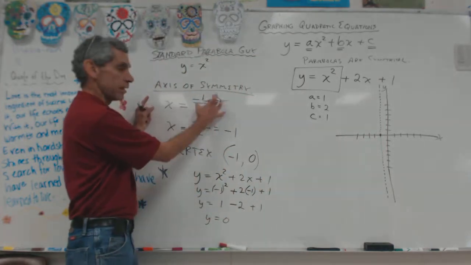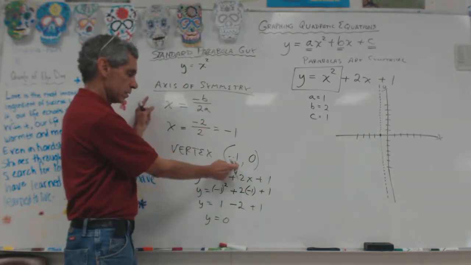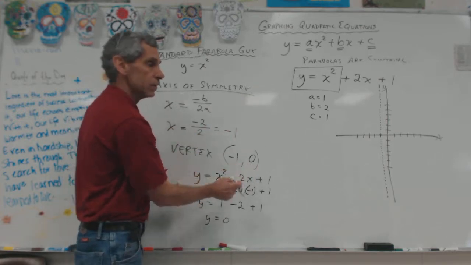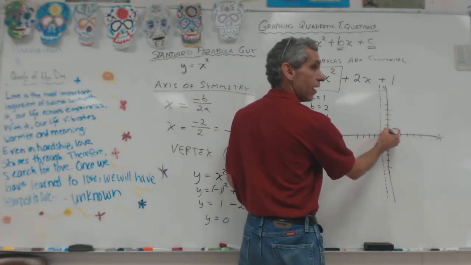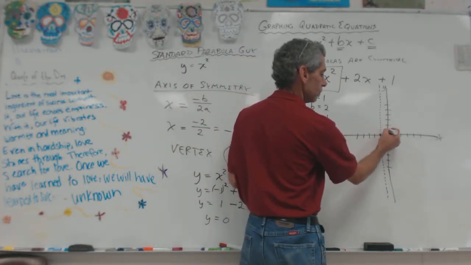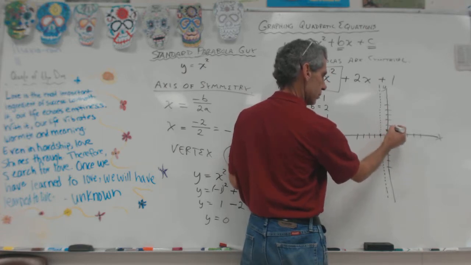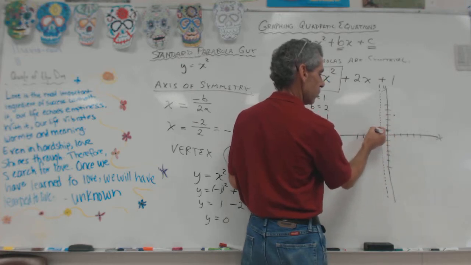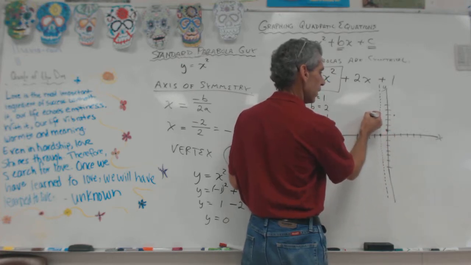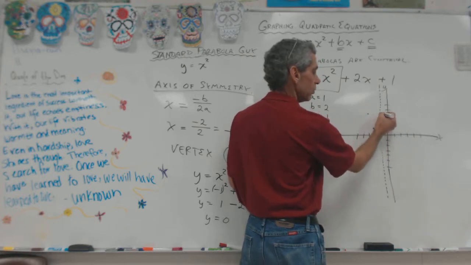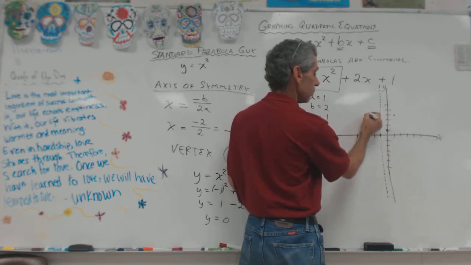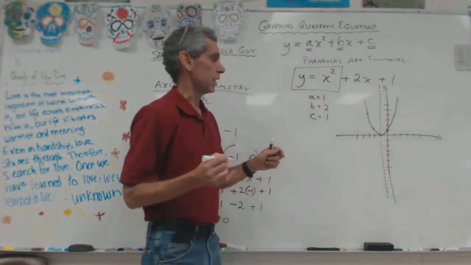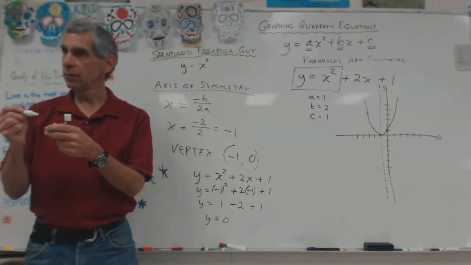By doing my axis of symmetry formula for my x and plugging that into my formula to get y. So now all I have to do is go over 1, up 1, dot. Over 2, up 4. There we go, dot. And I'll do over 1, up 1 this way. Over 2, up 4 this way. Or I could have said, well, this is 1, 2, 3, 4, because they're symmetrical. Look at that. You with me?